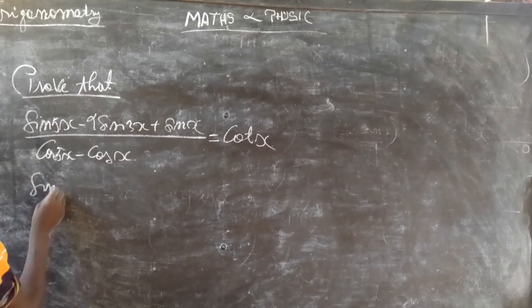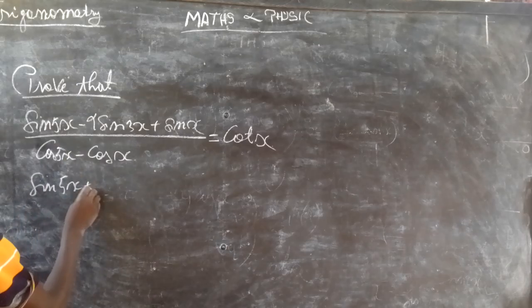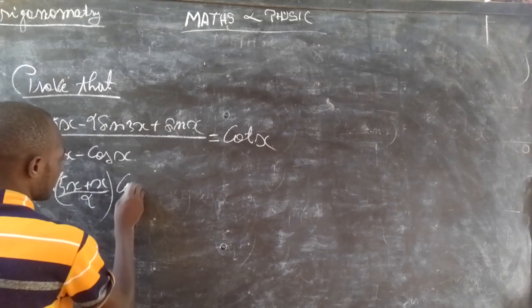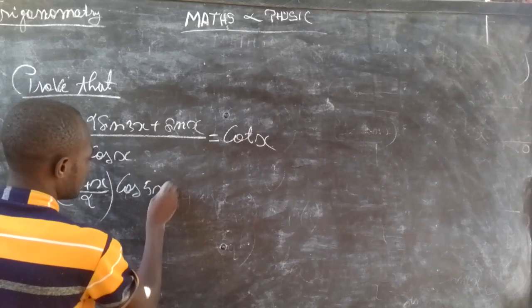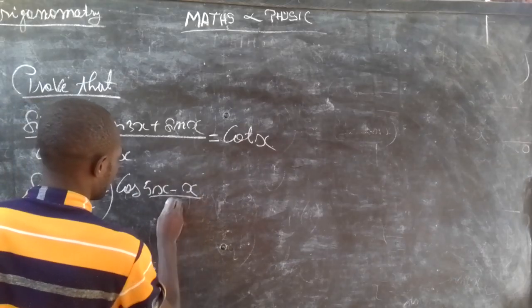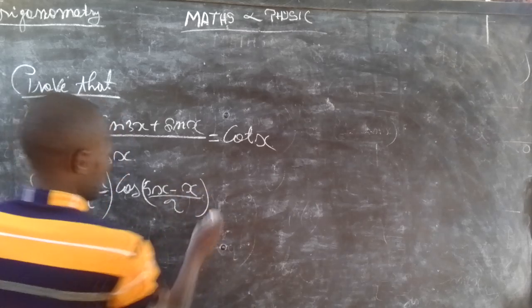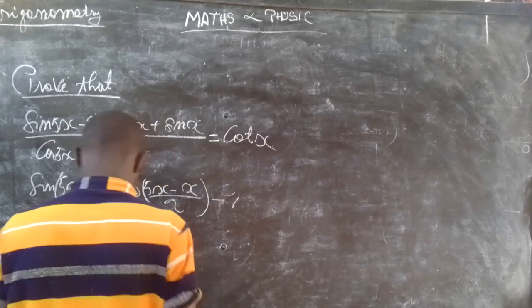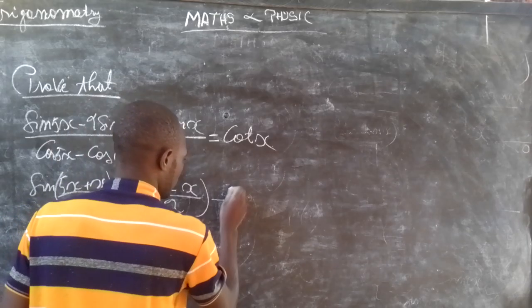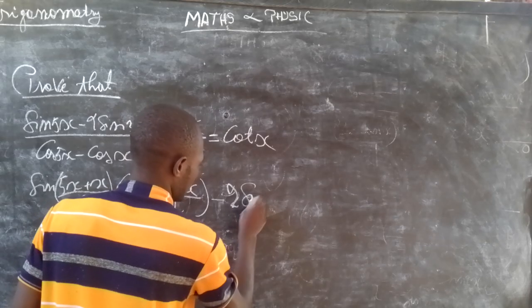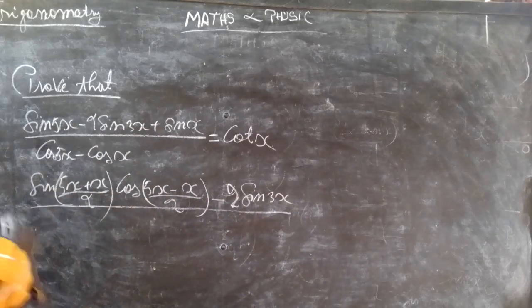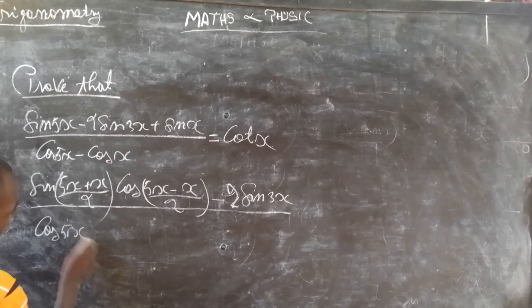Here we have 2 sine (5x plus x) over 2 times cosine (5x minus x) over 2, minus 2 sine 3x, over cosine 5x minus cosine x.